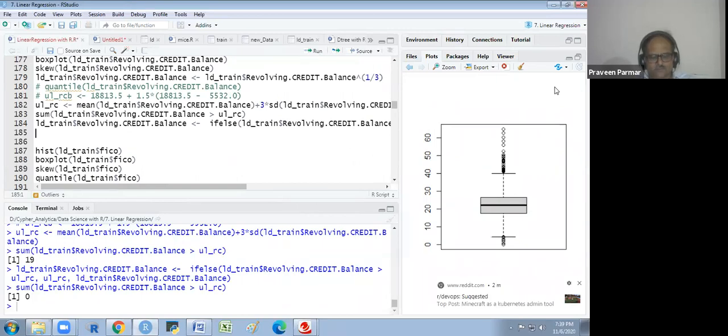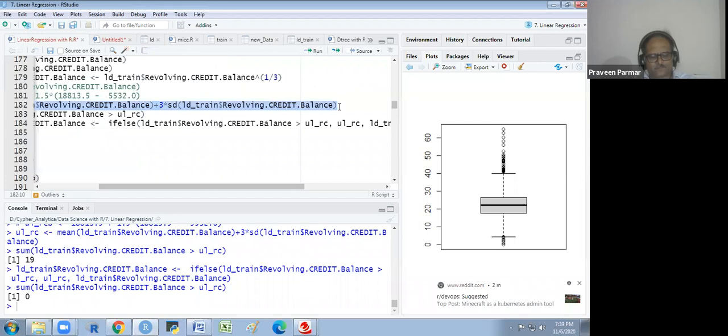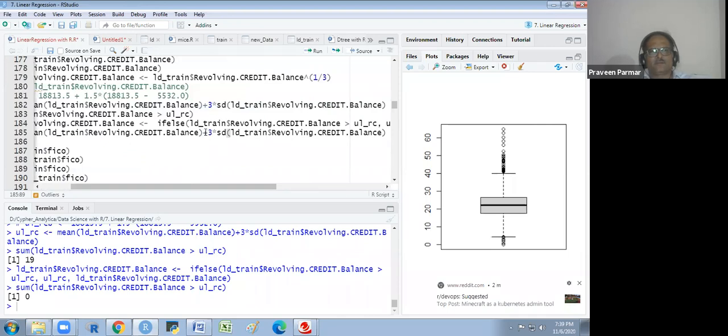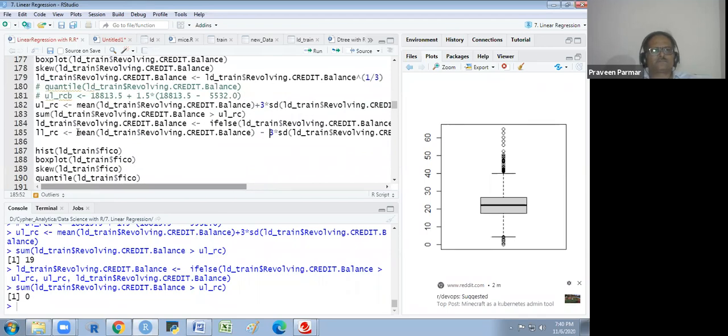Or we also check the value of lower LL underscore RC, and we just copy and paste it, and I just change the sign. Instead of plus, I will use the minus here, and I run it.